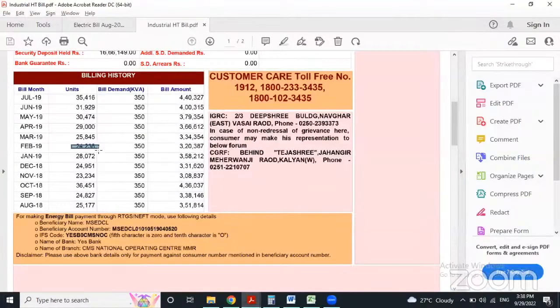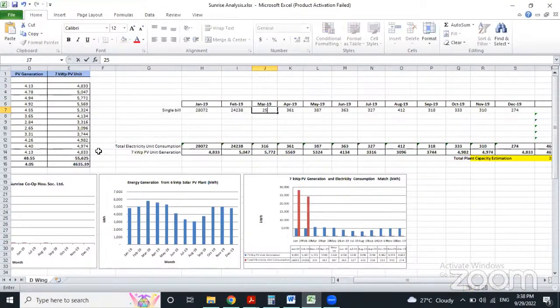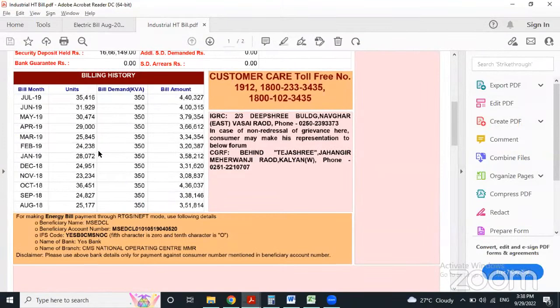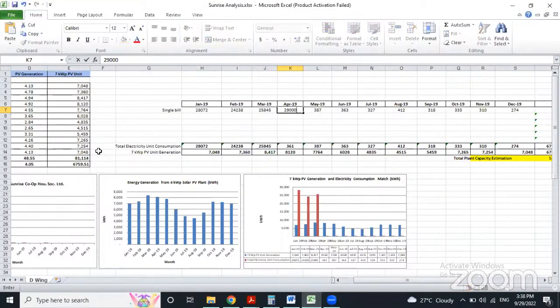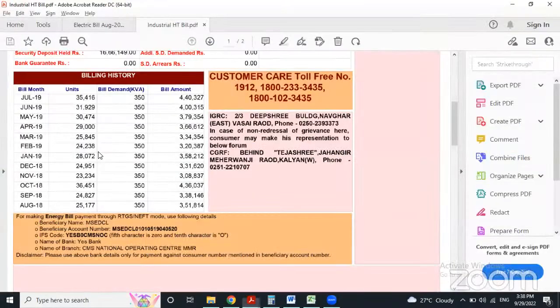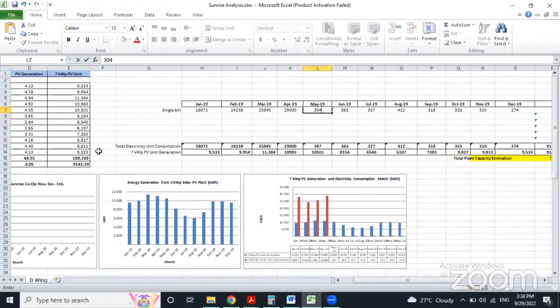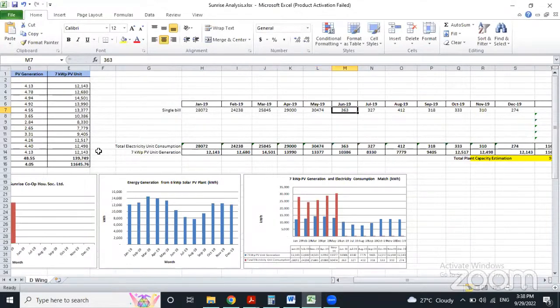Similarly, you need to type everything over here. Then 25845, then April it is 29000. These are the unit consumption from the customer. Then May 30474. This is your May consumption.